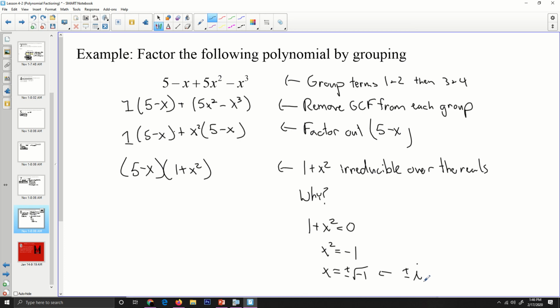That's imaginary. So I cannot factor this any further over the real numbers, so that is going to be my final answer right there. And that's all I got for today, folks.